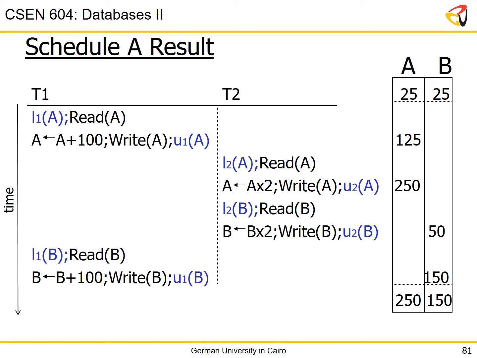So when T2 is running after the context switch, it was multiplying by 2 the 125 in A's case, because we've added 100 to A successfully, but we didn't have a chance to actually add the 100 to the B, because we were running T2 all from beginning to end, so we multiplied the 25 by 2, so it became a 50, and then when the context switch happened back again to T1, I added 100 to B to become 150. Okay, so locks are usable, but there is something we have to do here to make sure that we are getting a consistent state, which is again 250, 250, or 150, 150.